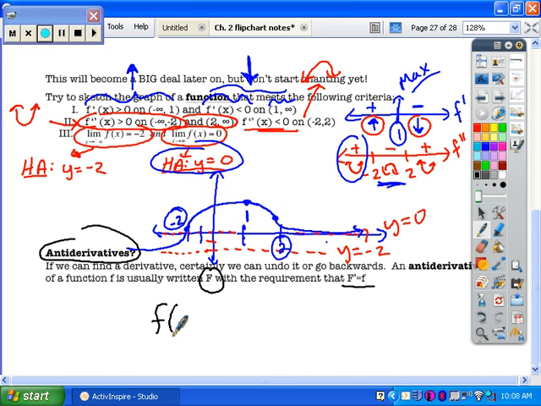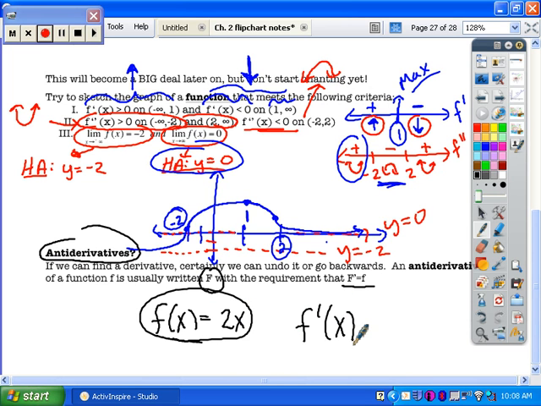If the function itself, let's say, is 2x, the derivative we're going to find out is going to be 2. I'll just tell you that with magic this happens, but that's the derivative.